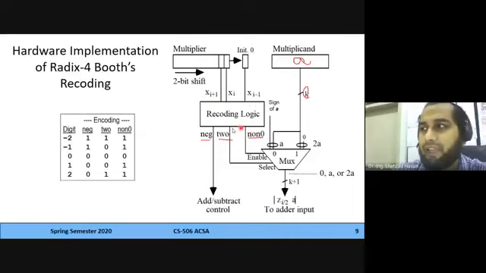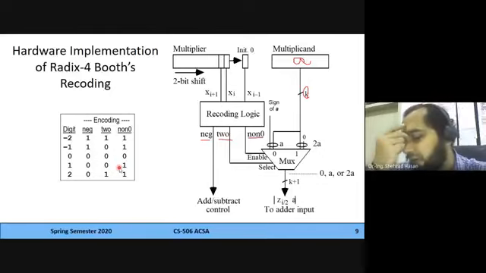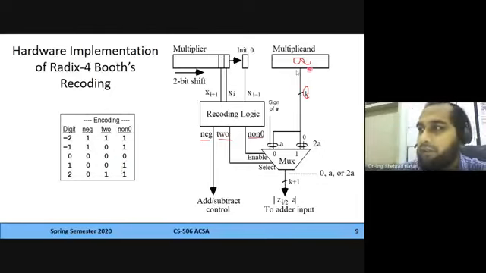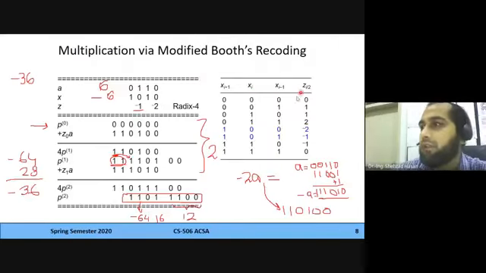You can have multiple ways to design this recoding logic. You can design a K map for that, a very simple thing to do. You have these three bits, and you know which inputs are going to generate a 1 and which a 0. So go back to that table, this is your complete table. You need to know when you are going to get a negative input.